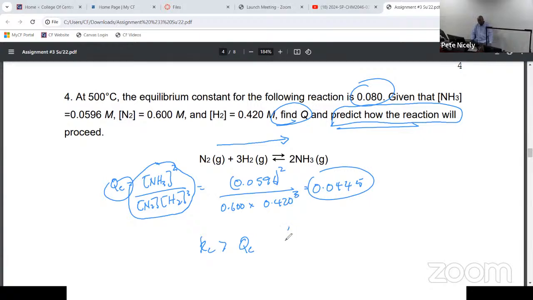So therefore, the answer is equilibrium will shift to the right. Well, let me just say, since QC is greater than KC, the equilibrium will shift to the right to favor more product and decrease the amount of reactant.